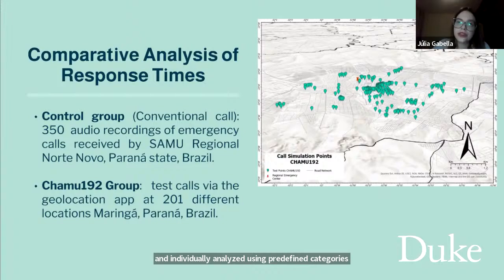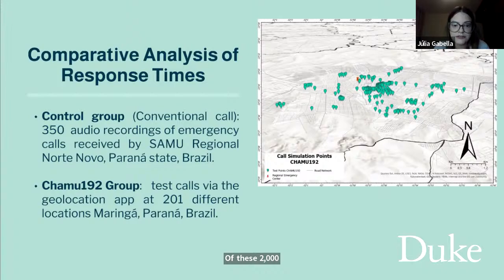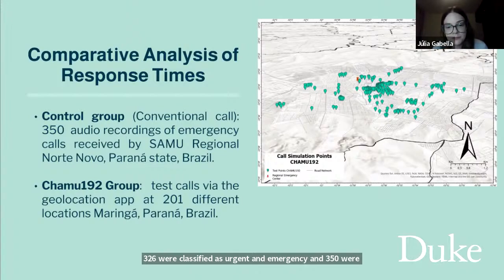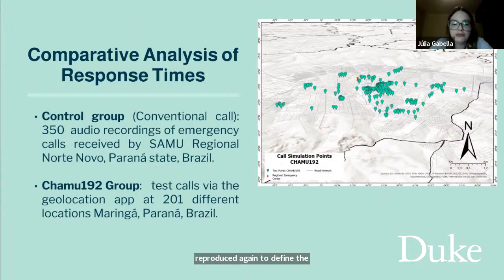Of these, 2,326 were classified as urgent and emergency, and 350 were reproduced again to define the time spent by call takers to gather information on the caller's address, the T2D that I show in the flow chart. And this was the control group.